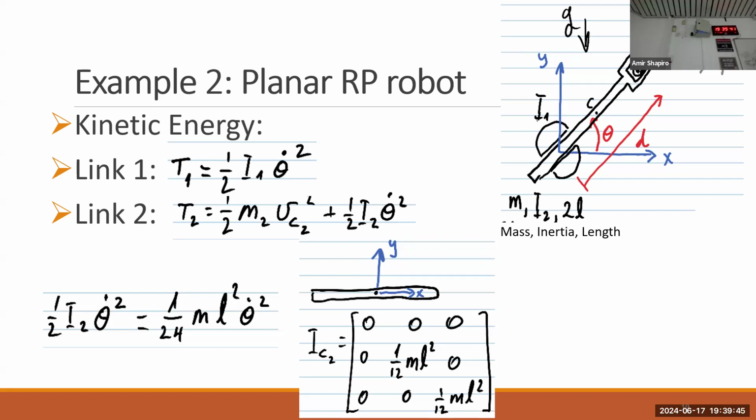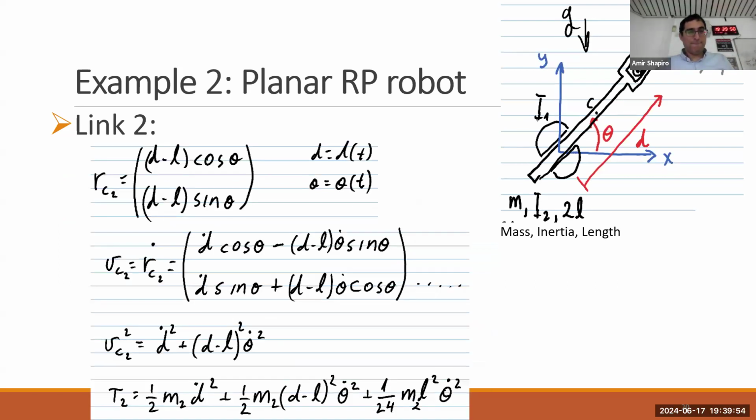Now we need to discuss this term. So we take the location of the center of mass, this C. If the entire length is 2L, this location is actually d minus L. This is the distance from the origin to the center of mass.